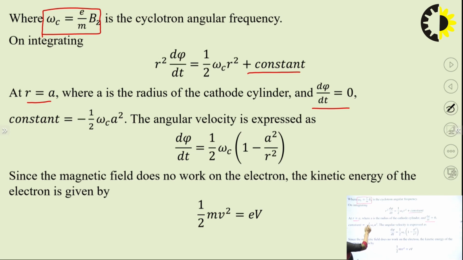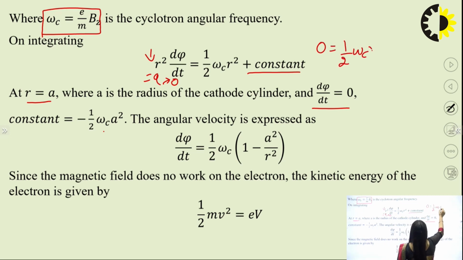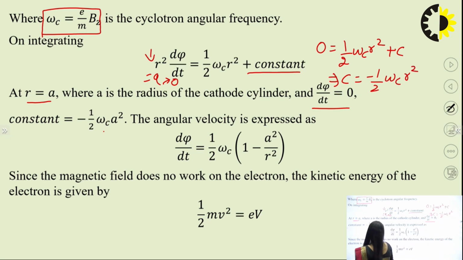So the constant is equal to minus 1 by 2 omega c a squared, because d phi by dt is 0 at r is equal to a. So 0 is equal to 1 by 2 omega c a squared plus some constant, and the constant comes out to be minus 1 by 2 omega c a squared, right?